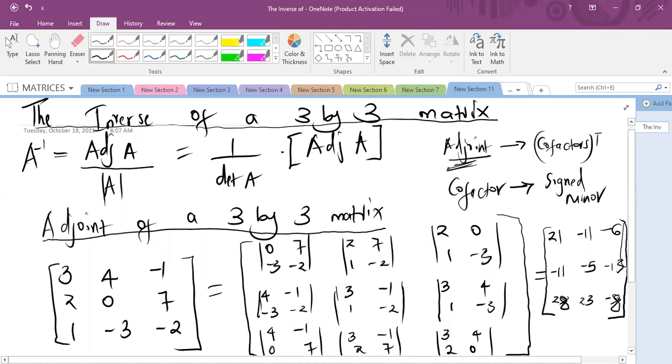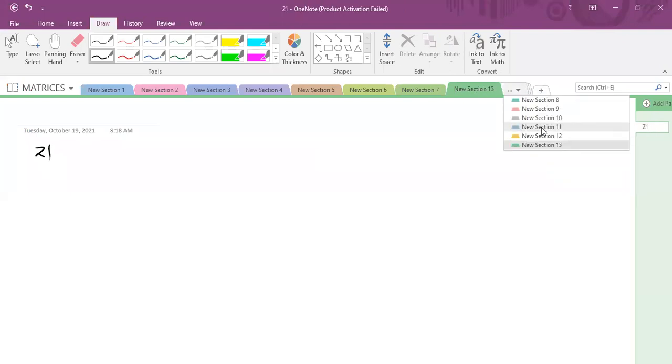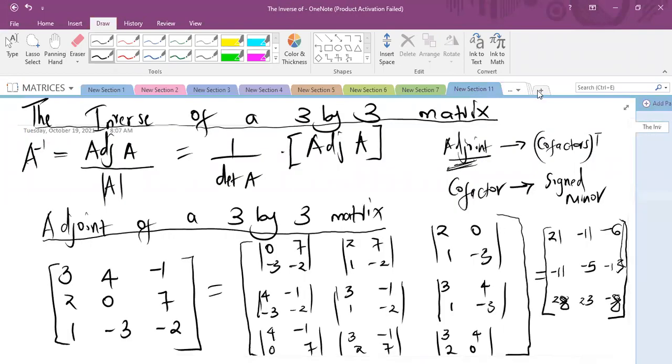So these are the values of our minor here. So in order for us to get the cofactor, we sign them. What does signing them mean? We multiply them by their corresponding signs. Now, if you have a 3 by 3 matrix, I would like for us to note this, so I'll write it somewhere. It was 21, minus 11, minus 6.